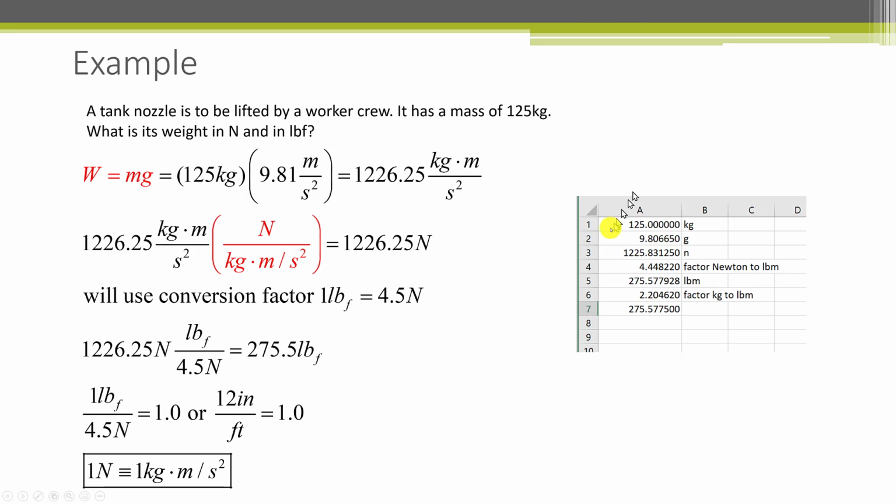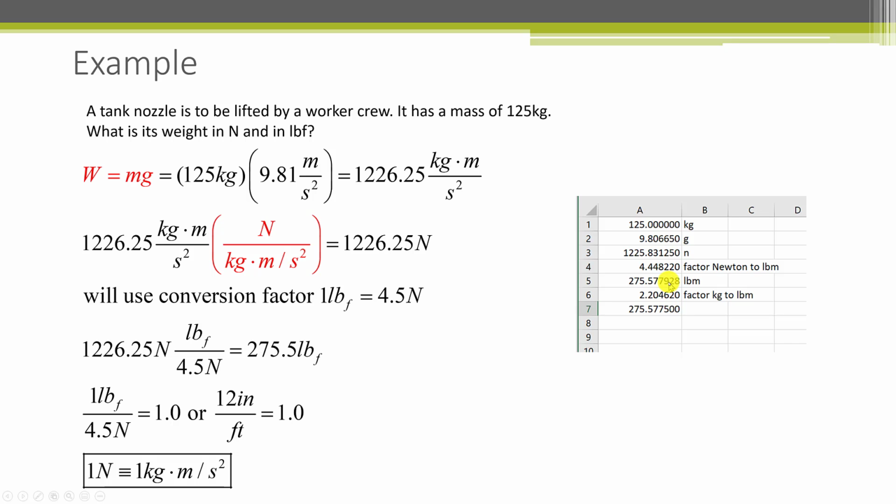Here's a note on accuracy that we talked about earlier. If I were to do this with 6 or 7 digits that I get from the internet, I get 275.577928 pounds mass, and when I convert it, I get 275.5775. So even this calculation is off at the 4th digit.